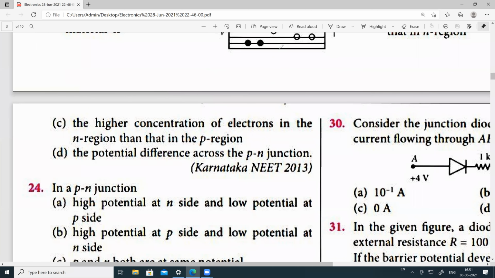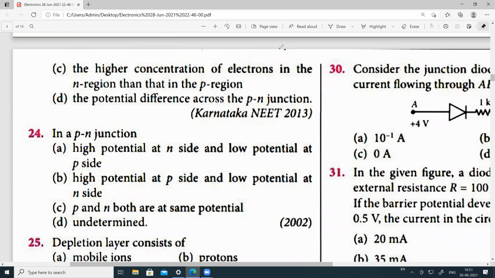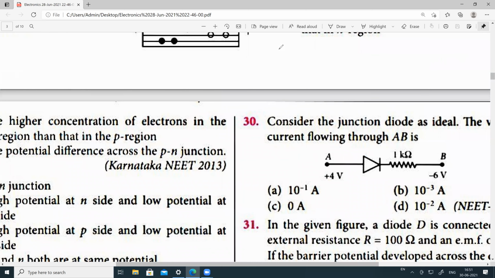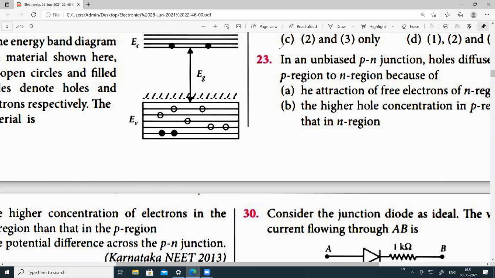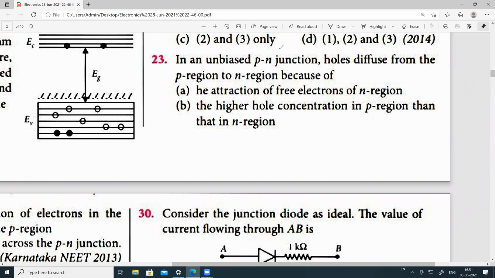And fourth option, the potential difference across PN junction. So here the higher hole concentration is in P region than in N region. So for 23rd one, B1 is the right answer. That is the higher hole concentration in P region than in N region.